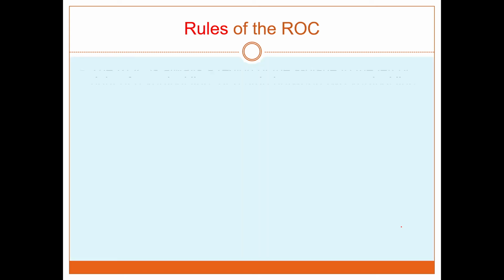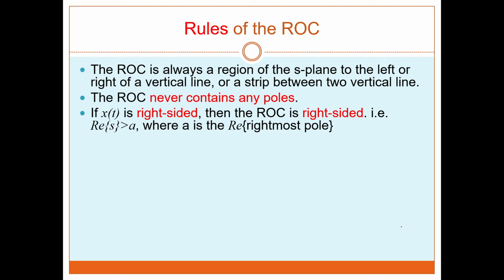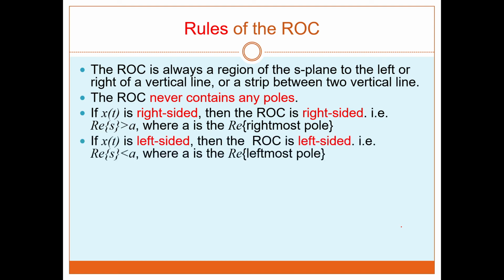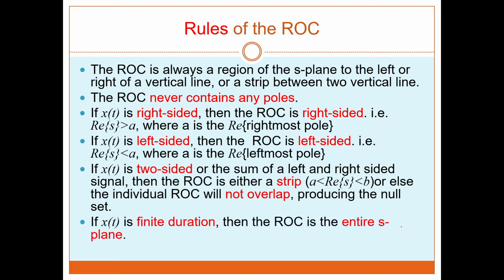So the rules of the region of convergence: it is usually to the left or to the right of a vertical line. We have to identify what the sigma is and then put a vertical line. If x(t) is right-sided, then the ROC is right-sided. It will follow the signal.